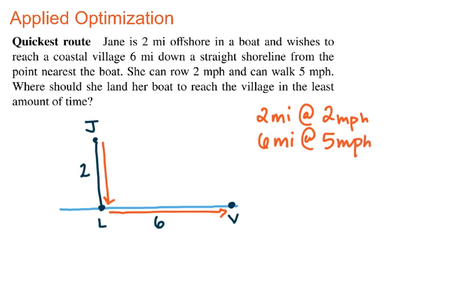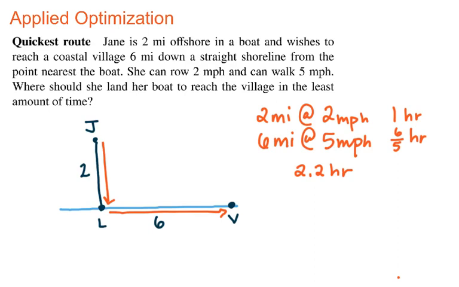So 2 miles at 2 miles per hour is going to take her 1 hour, plus 6 miles at 5 miles per hour is going to take her 6/5 of an hour. So essentially, if she's to take that route, Jane is going to travel for 2.2 hours. So that's one possible option for her time.